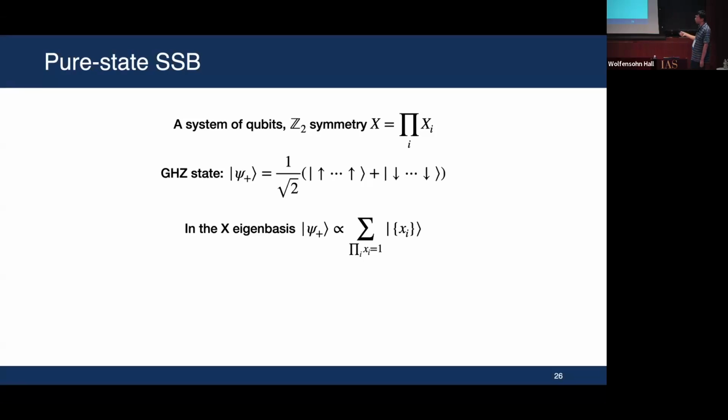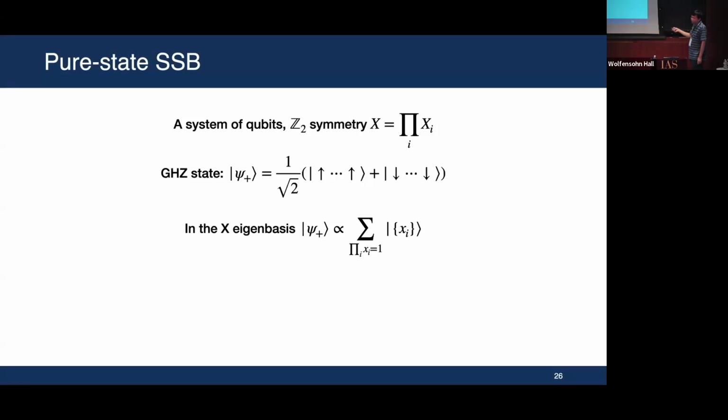It's a product of spin flips. And then the representative SSB state is the GHZ state or the cat state, where we just have a superposition of the all spin up state with the all spin down state. Okay, this is a cat state.